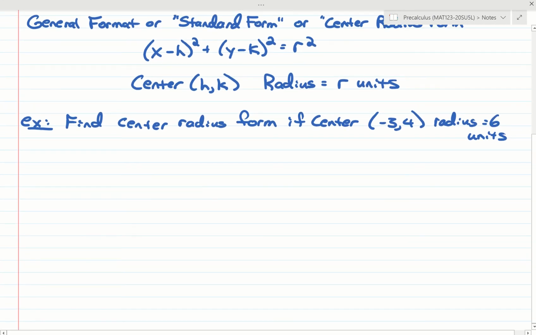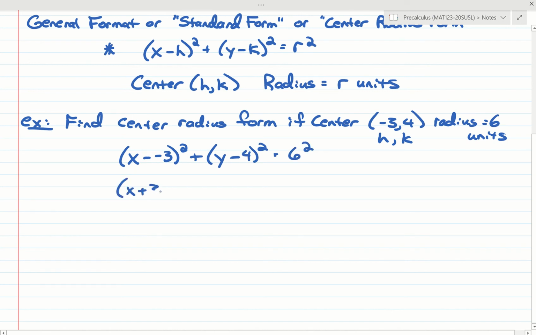Okay, well, looking at our equation here, it's going to be x minus the h value, so x minus -3 squared plus y minus 4 squared is equal to the radius squared. I don't really want to say minus a negative, so let's just write (x plus 3) squared plus (y minus 4) squared, and we always just go ahead and square this, and that's 36.